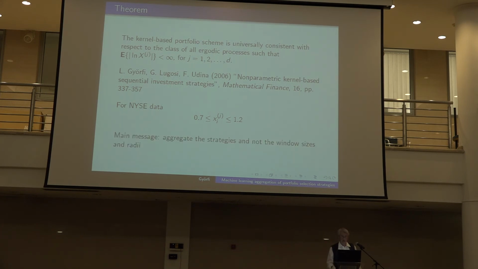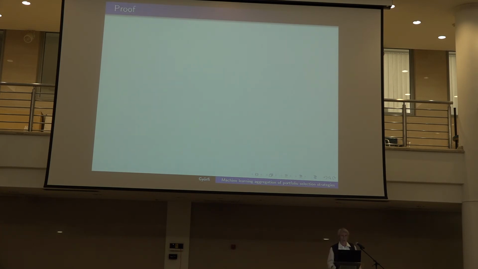The main message: instead of choosing K and radius in a smart way, aggregate the strategies, take into account any strategy, maybe with a small weight, but we have to aggregate the strategies and not the window sizes.